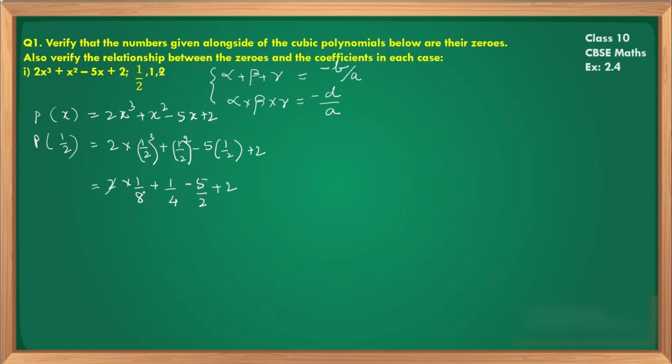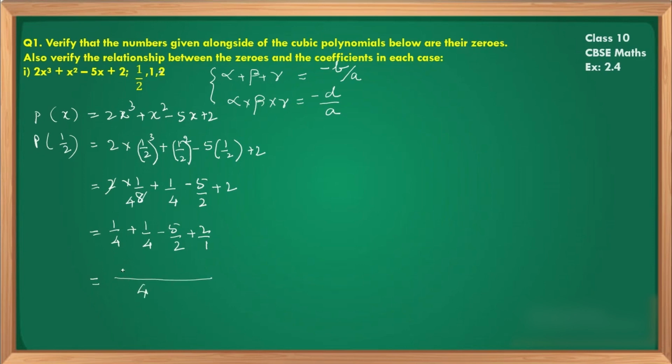Now this gets cancelled 4 times. Now we are left with 1 by 4 plus 1 by 4 minus 5 by 2 plus 2. Below you can put 1. Now we have to add all these fractions. The LCM is 4.